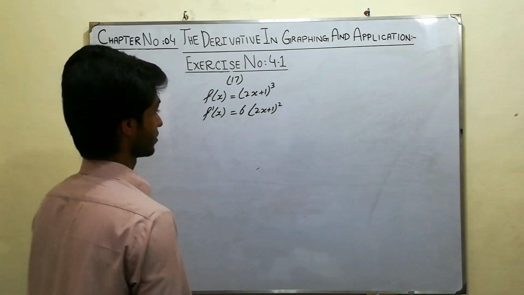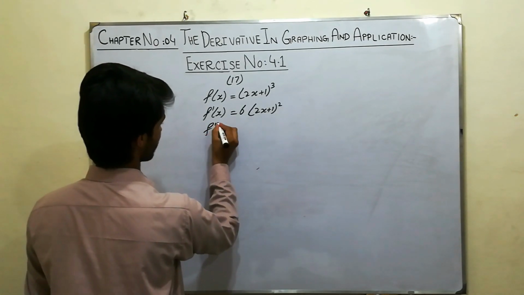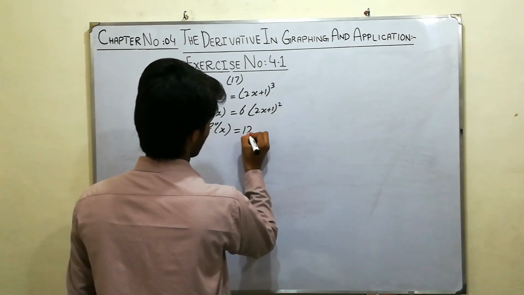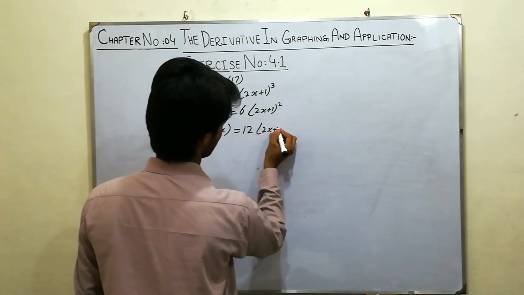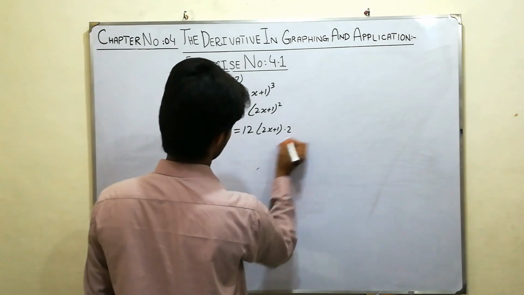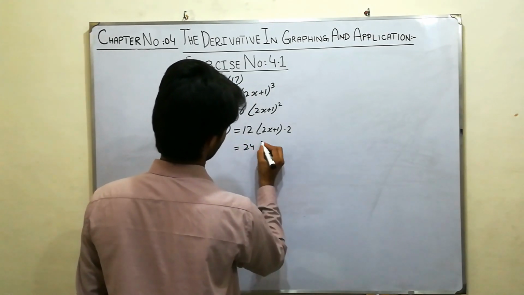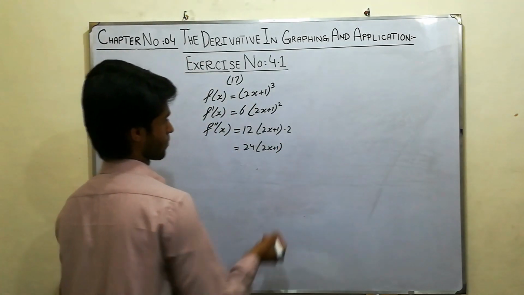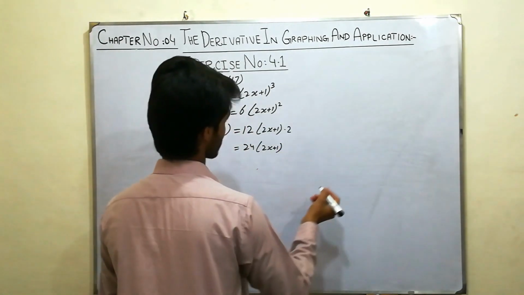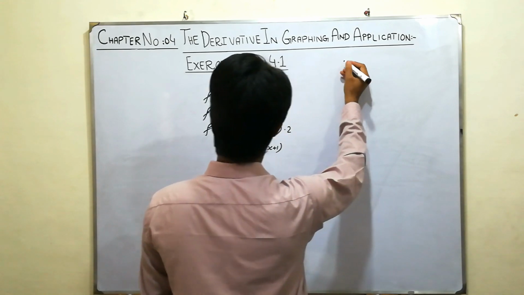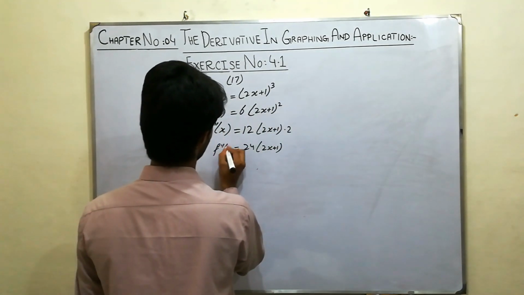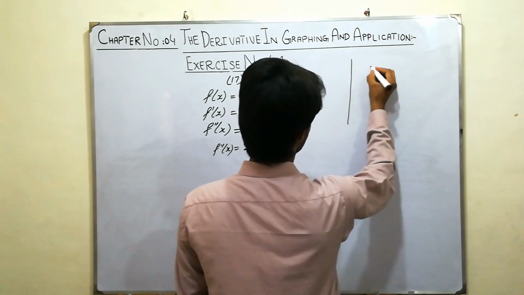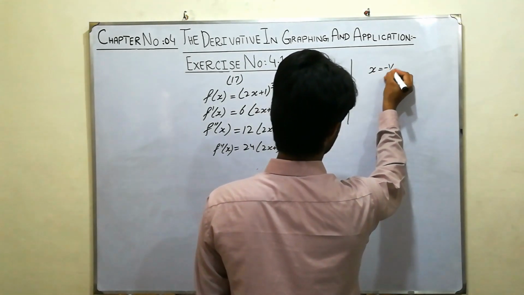And for concavity, take the double derivative. We put the double derivative equal to 0, so we also have x is equal to minus 1 by 2.